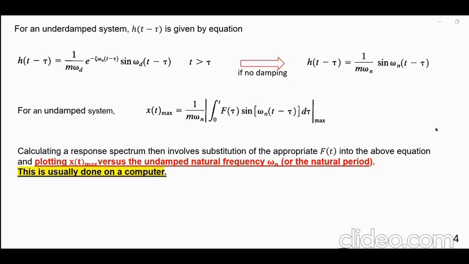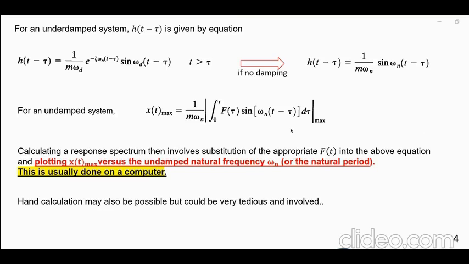It is x max versus omega n, or 2 pi over omega n, for example, which is some kind of a period. So essentially, on the horizontal axis, we want characteristics in terms of omega n, or something related to it.